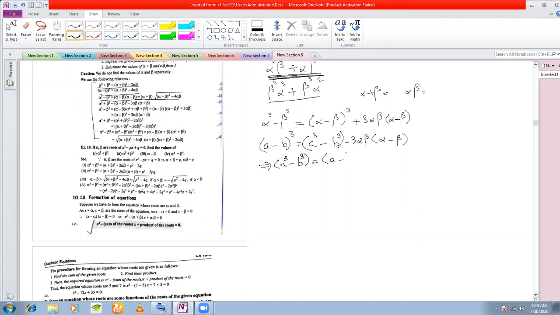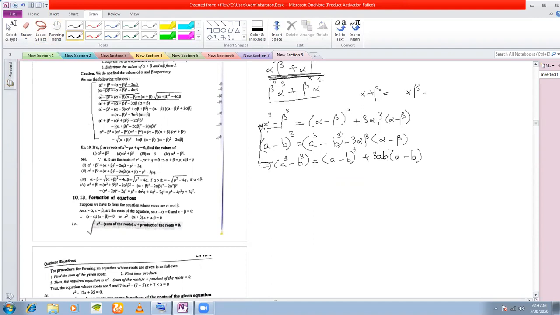It is a minus b whole cube plus thrice AB into a minus b. So if you compare this one with this one, this is how we are getting it.